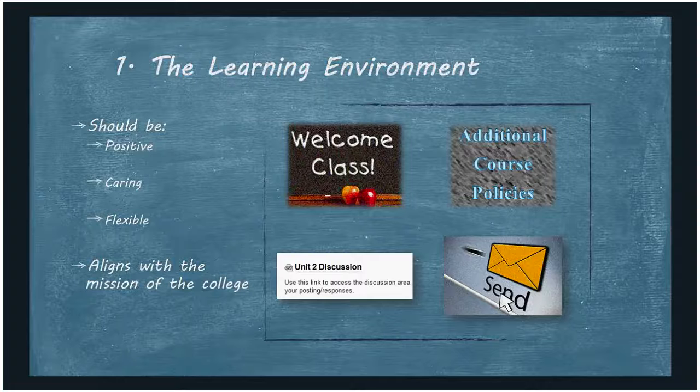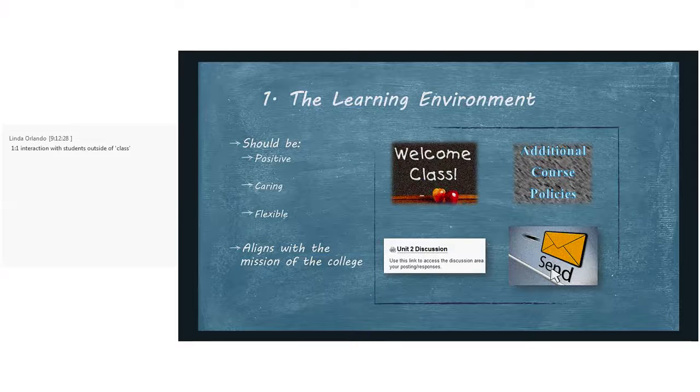What are some things maybe that I didn't mention that are outside of the traditional course policies or helping a student with a computer issue? Is there anything else that you can think of that you really do that maybe students have even commended you on your caring or flexible or positive nature in your courses? Maybe a minute or so to think about it.